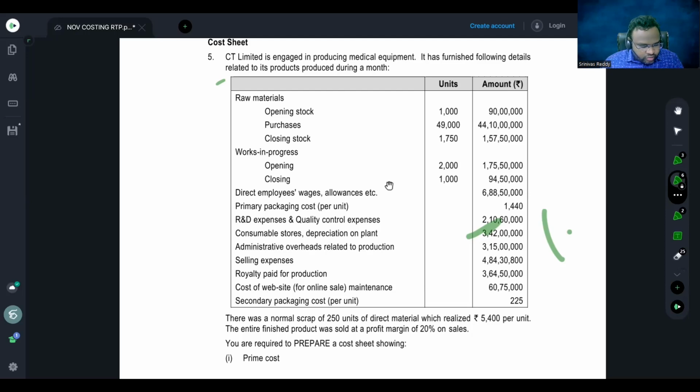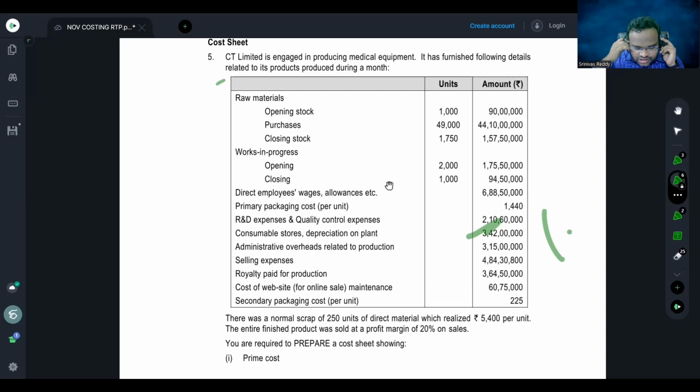They are given raw materials, opening stock 1000 units, which cost 90 lakhs, purchase, closing stock 1 crore 57 lakh 50,000. The opening WIP and closing WIP, finished goods, they are not given. Inventories include raw material, WIP, and finished goods.